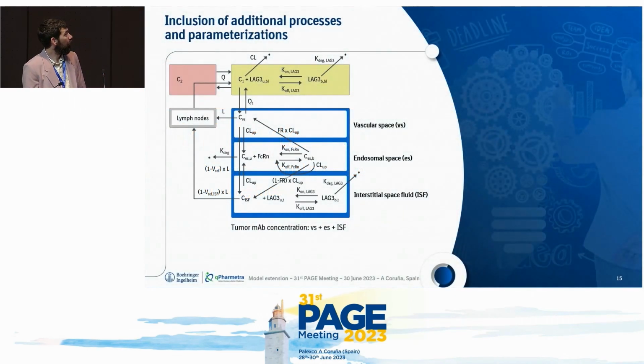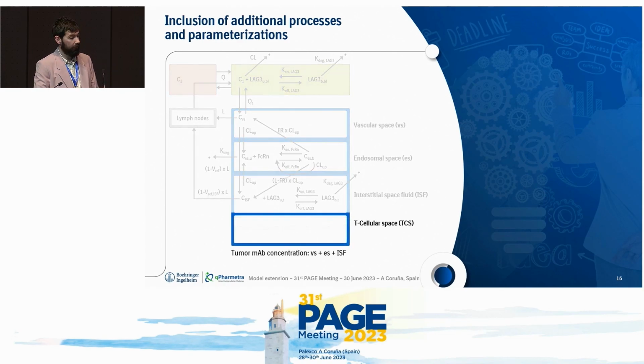So here again, our original base model where we started from, where the tumor concentrations are the sum of the three compartments you see there. The first thing we did was adding a T cell space to take into account that our target is actually expressed on T cells, and afterwards the compound is also taken up into T cells.